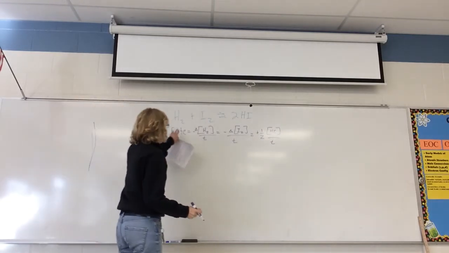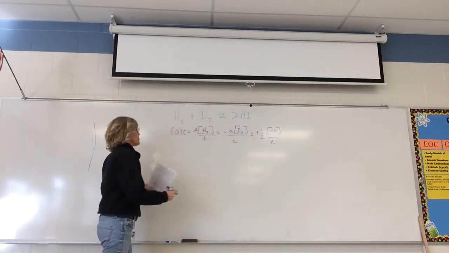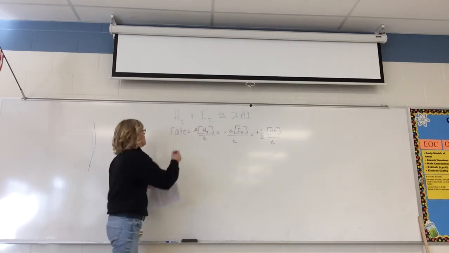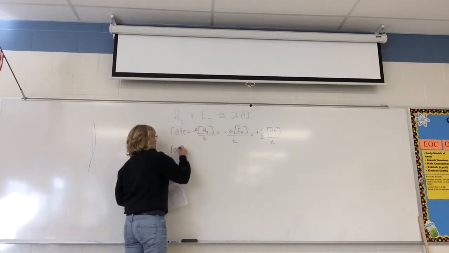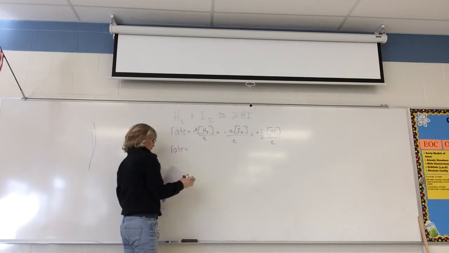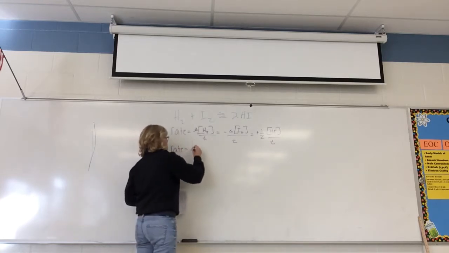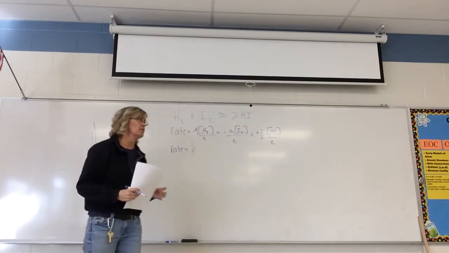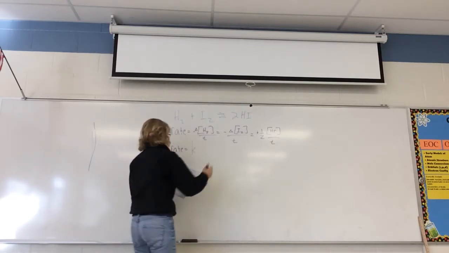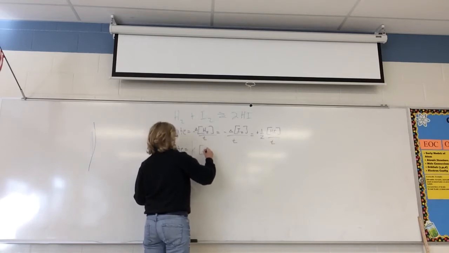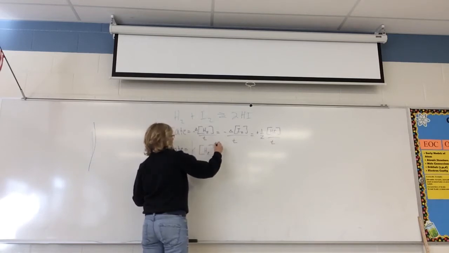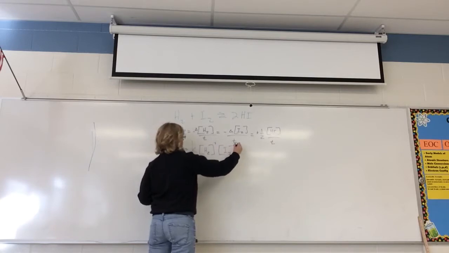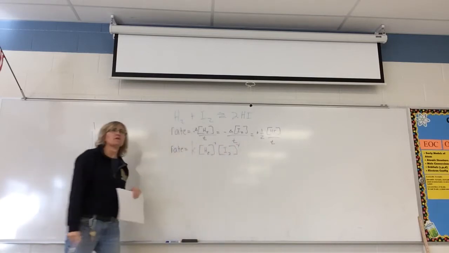Our rate law for the same equation is going to look something like this, and it's always going to start out rate equals, okay? Rate equals, and then we have this lowercase k, this is called a rate constant, we'll get into that a little later, times [H2] to some exponent, [I2] to some exponent.